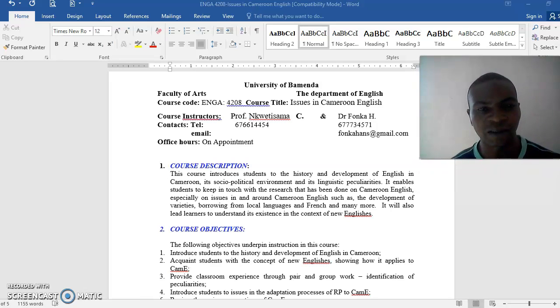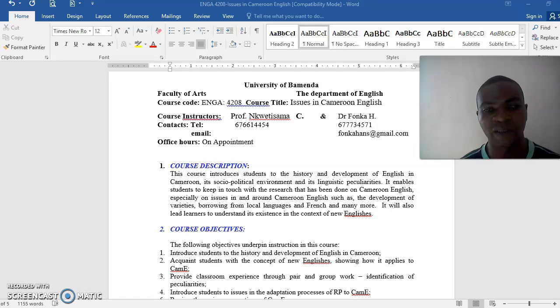The course description. This course introduces students to the history and the development of English. We're looking at the history and development of English in Cameroon, but we'll also look at the history and development of English as a whole before we break down to Cameroon as a nation.